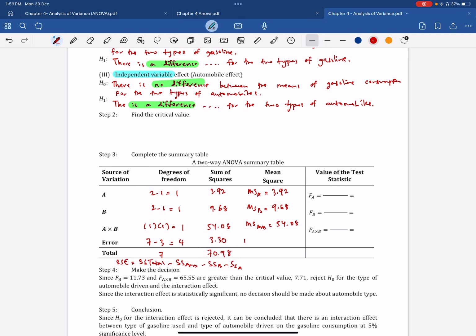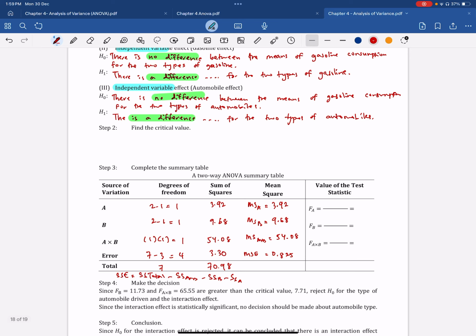Okay, and then the MSE. So 3.3 divided by 4. So you will get the value for this. And then you just divide. This is actually MSA over MSE, MSB over MSE, and this is MSA times B over MSE.